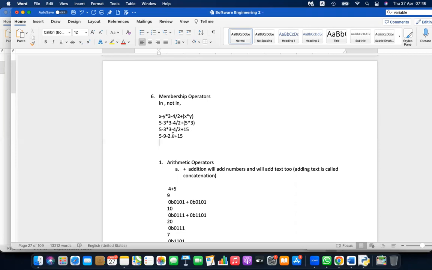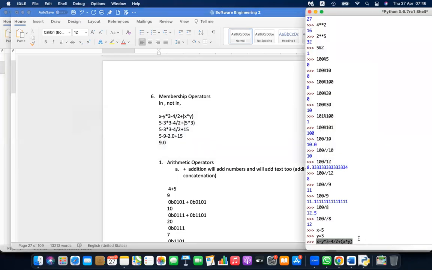Minus 2.0 is minus 6.0. Then minus 6.0 plus 15 is 9.0. Okay, your answer will be 9.0 exactly. This is how you do the calculation.